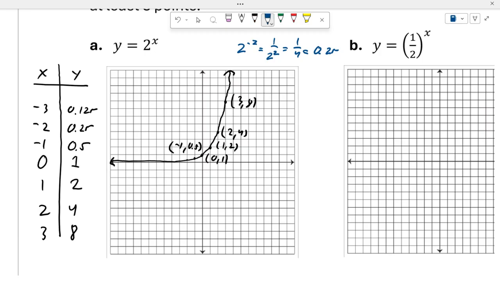And then the directions also say indicate any horizontal asymptotes with a dotted line. So a horizontal asymptote is a horizontal line that represents a function approaching some value, but never actually getting to that value as you go really far to the right or really far to the left.